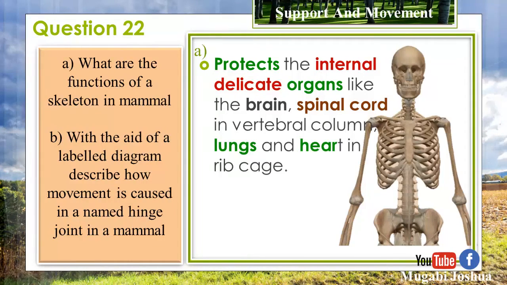The skeleton also protects the internal delicate organs like the brain and the spinal cord. The brain is found in the skull and the spinal cord is found in the vertebral column.